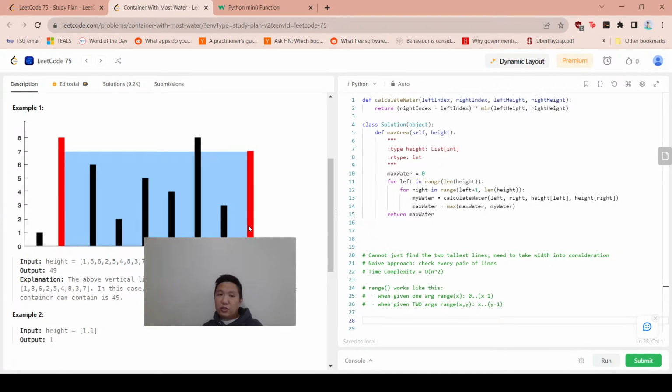So, well, actually one easy heuristic we have is that because our left pointer is moving from left to right, the width gets smaller each time. So if the current best left I've seen is of height, let's say X, there is no way another wall that is shorter than or equal to X is going to be better than me.